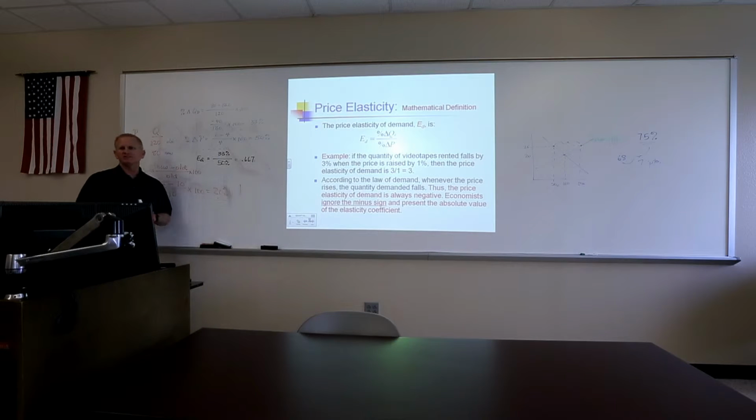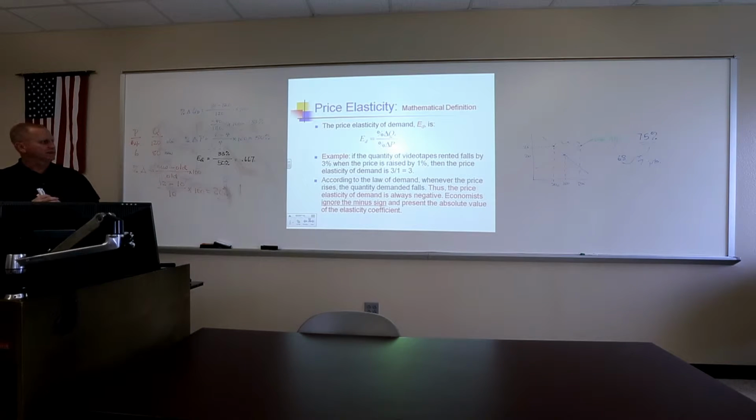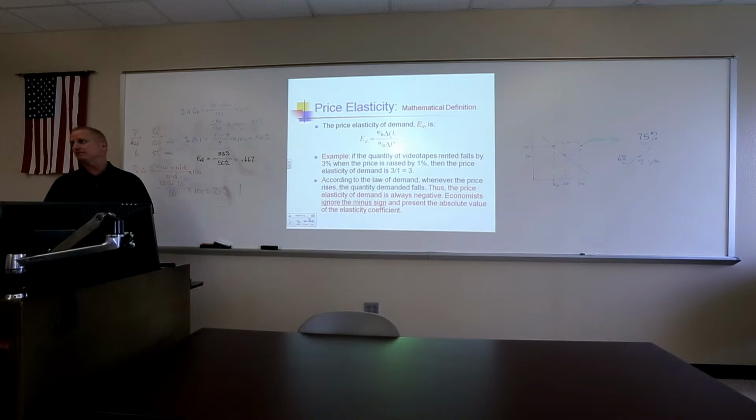Probably would round it to 0.67, depending on the decimal place. And that is what you would list the coefficient as, a decimal like that. It's not a percentage. That's just a decimal number in this case.